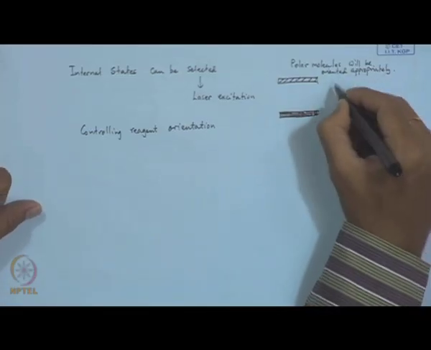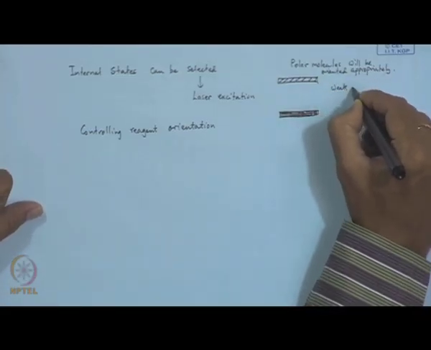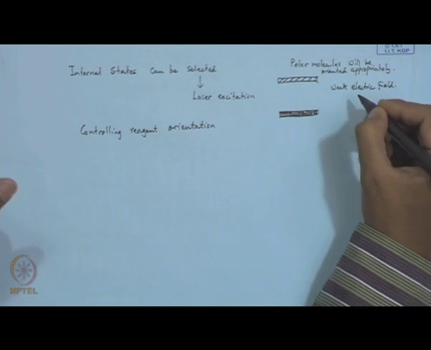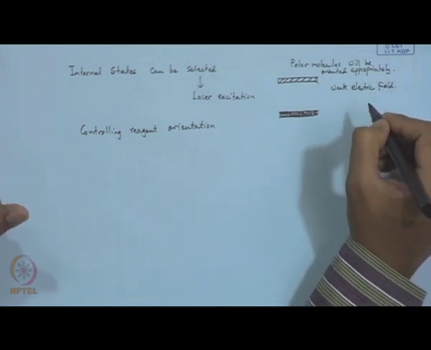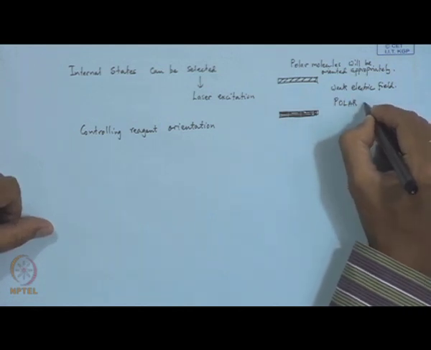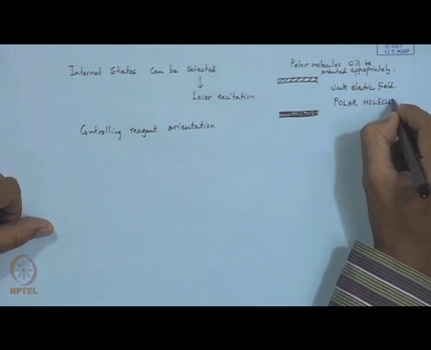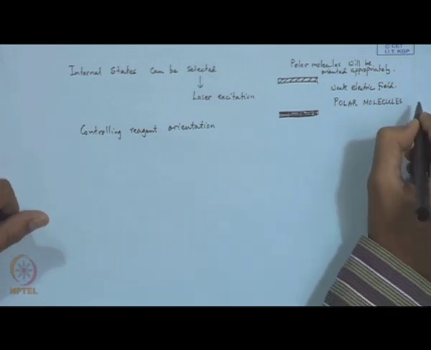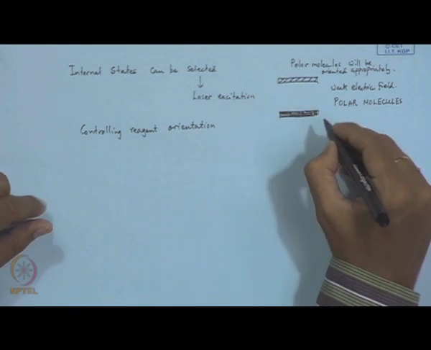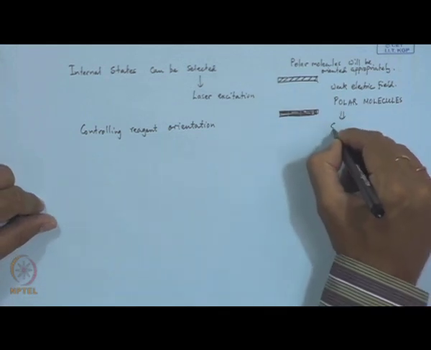So by a weak electric field you can get oriented species. The important point is that this is for polar molecules, and this orientation is because of the Stark effect.